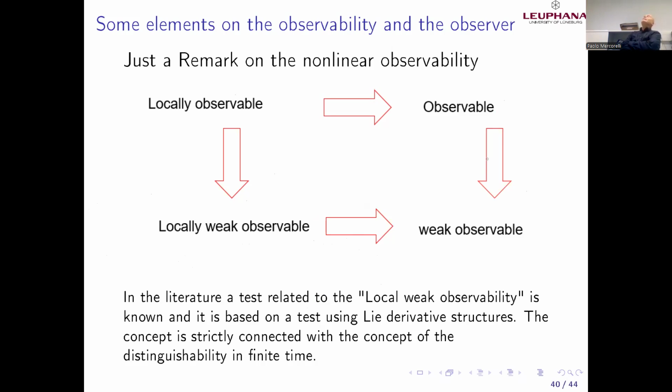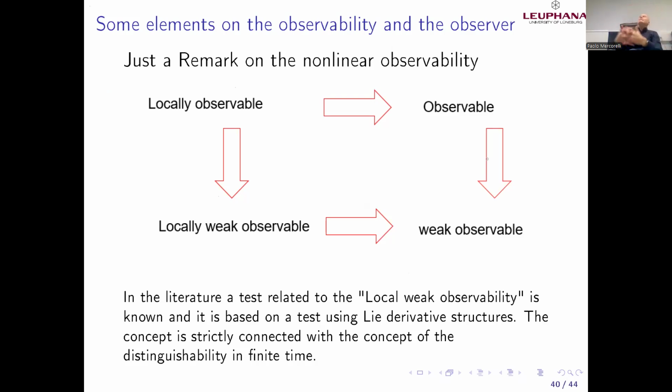We can see that the strongest definition is local observability, which implies all the rest. You remember about the observability I told you at the beginning of the course: just moving around our equilibrium point, about the nonlinear system, we speak about equilibrium points, in general local, no?